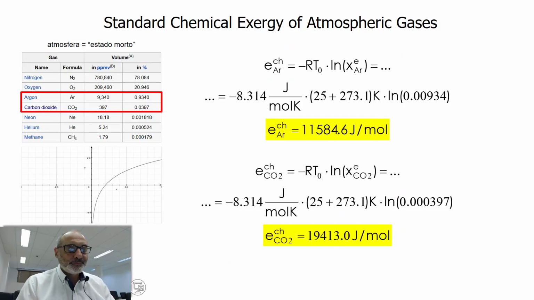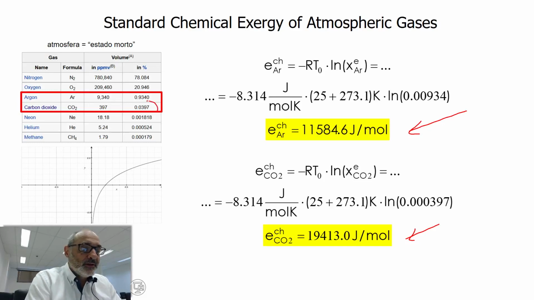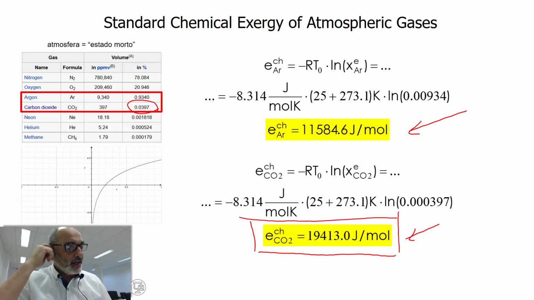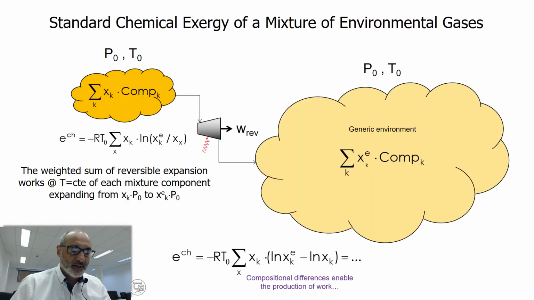The other two calculations are for argon here and for CO2. You see, since the concentration is very low, the exergy content of CO2 is very high. We're going to use this number in a moment because I want to assess the amount of energy necessary to remove CO2 from the atmosphere in order to avoid the greenhouse effect.